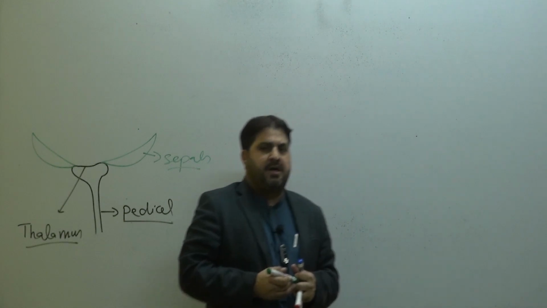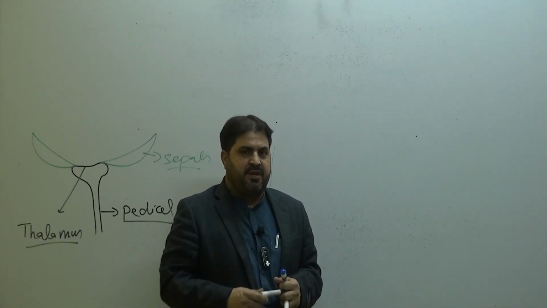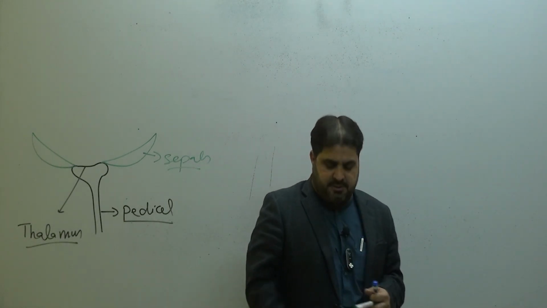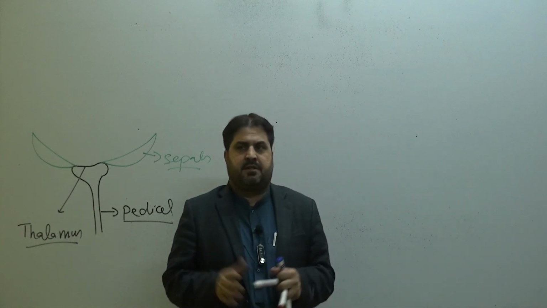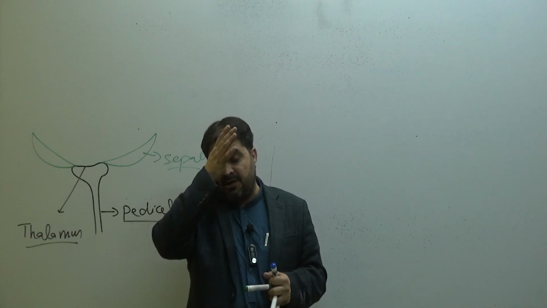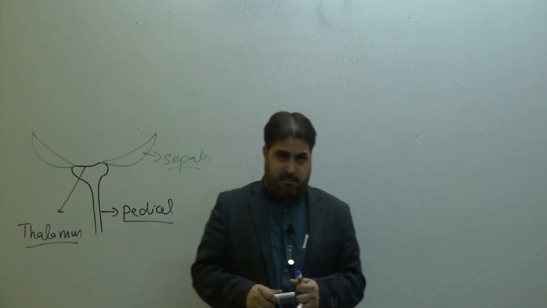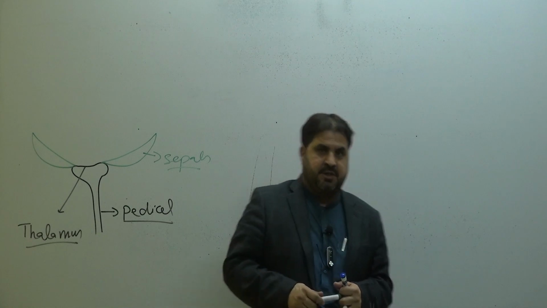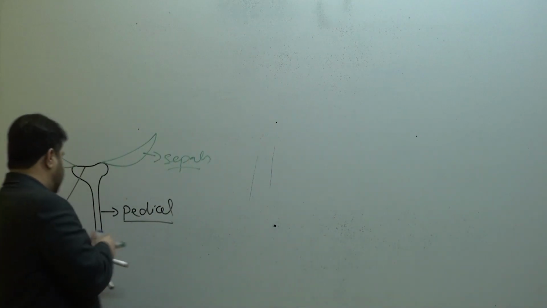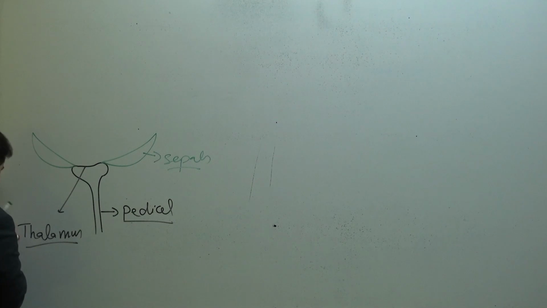When the plant grows and the complete flower is produced, these sepals lose their photosynthetic pigment, and later on they may fall off. The thalamus is also called the torus.